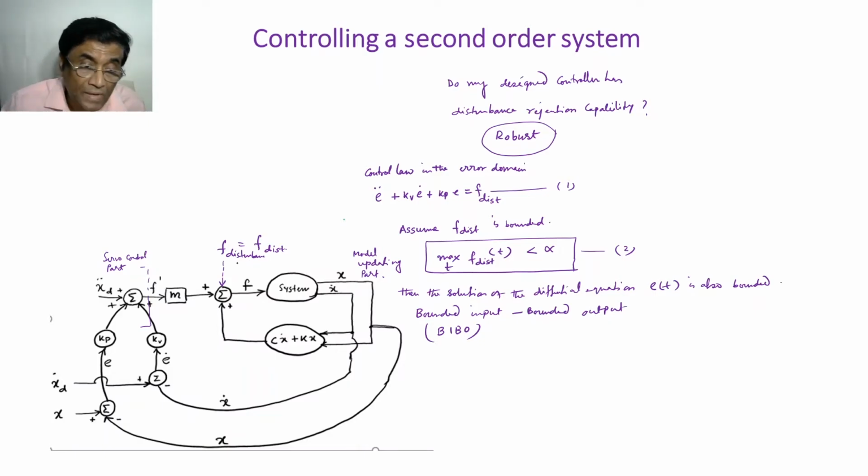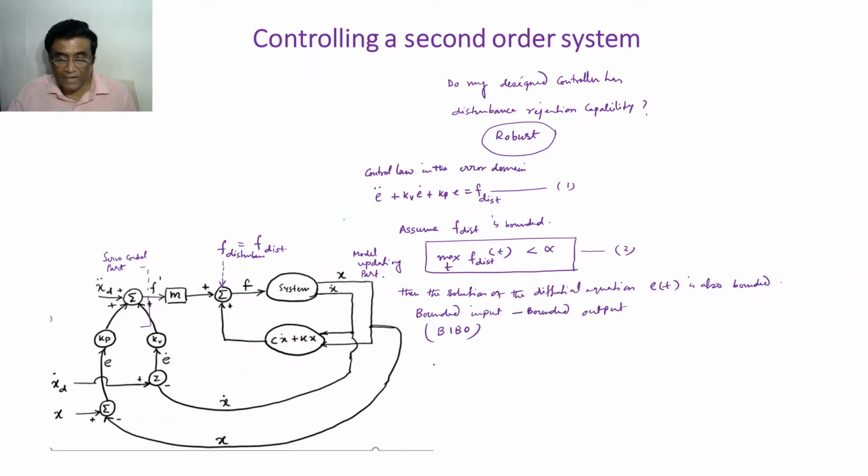But if I have a disturbing force which is bounded, by definition meaning at any time the maximum disturbing force is less than some constant alpha, then if I solve this differential equation, e(t) is also bounded, means it will not be large, because this will still be valid and it will have transient response, steady state response, and it will follow that bounded force, and the error will also be bounded. So this is the concept of BIBO, bounded input, bounded output.